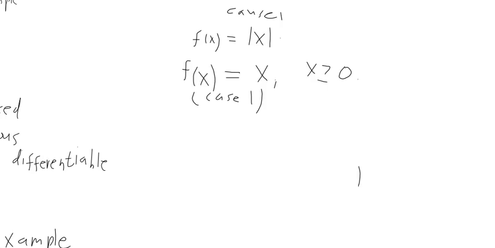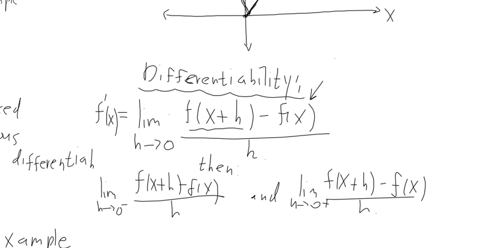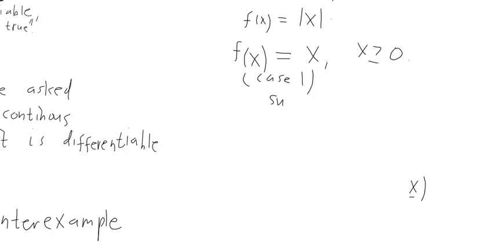To use our differentiability formula, we know we need f of x, but we also need f of x plus h. Substitute x plus h into f of x plus h and see what the expansion is. This yields x plus h.